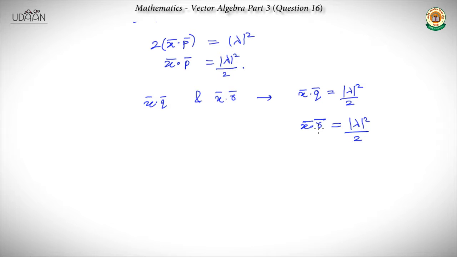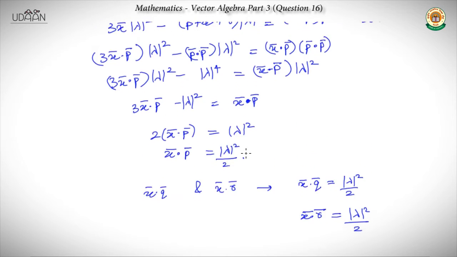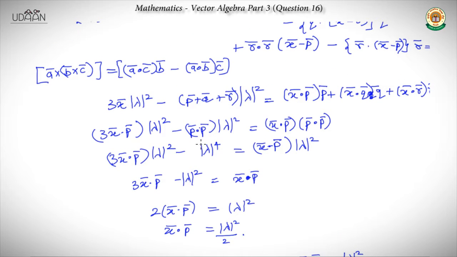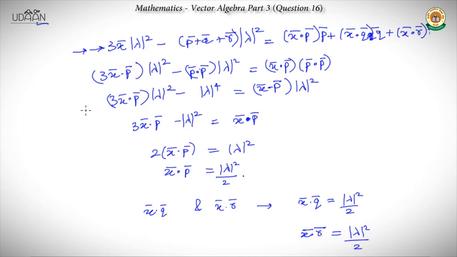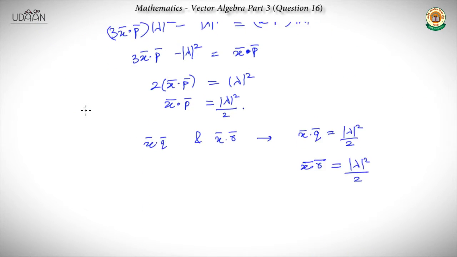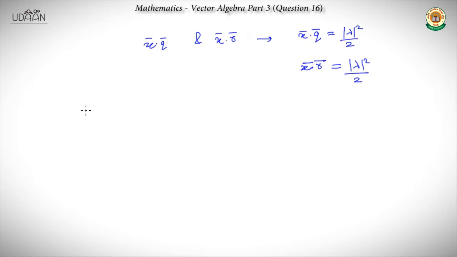Now we will be substituting these values again in the equation to which we took dot product of p. So that equation was here. We'll rewrite the equation. The equation was 3 times x bar mod lambda square minus p bar plus q bar plus r bar times mod lambda square.